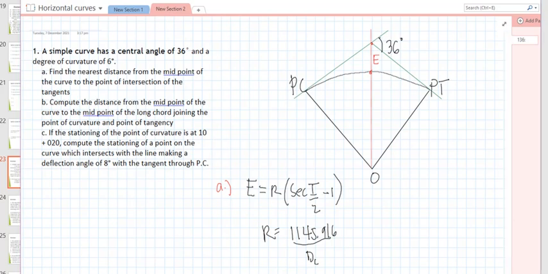Wait lang. The dA is the degree of curvature, that is equals to 6 degrees.